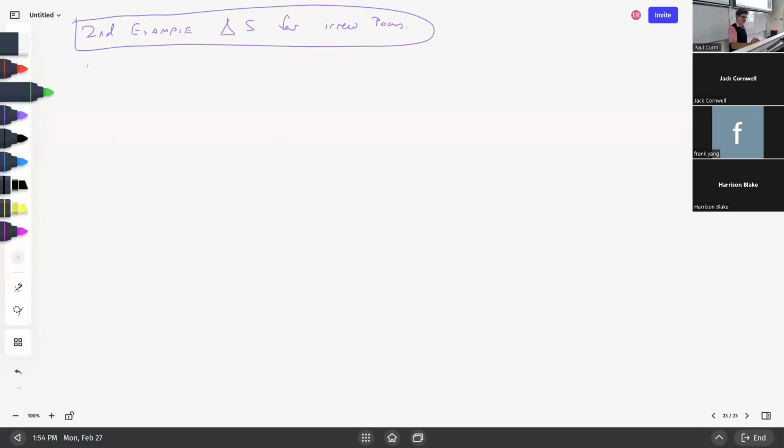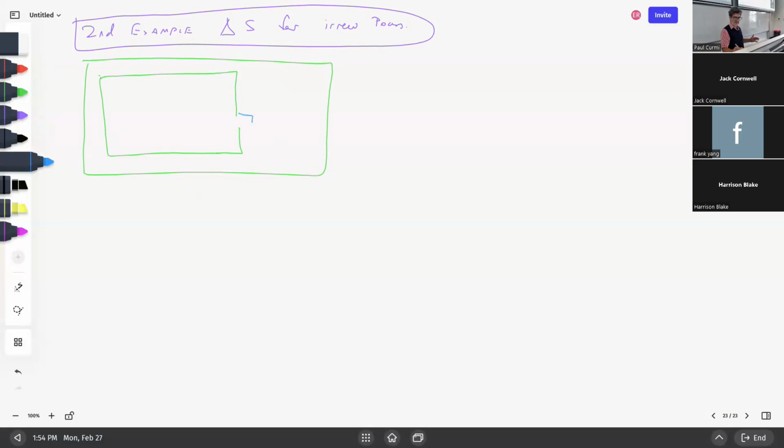Okay, so in this case, I've got a giant styrofoam box. I've got a monumentally large reservoir, and I've got a very small system over here. I've got a wall here that allows heat transfer. This guy here is at T cold.